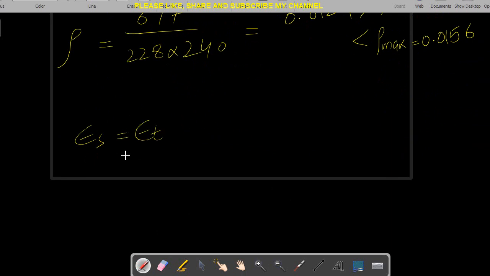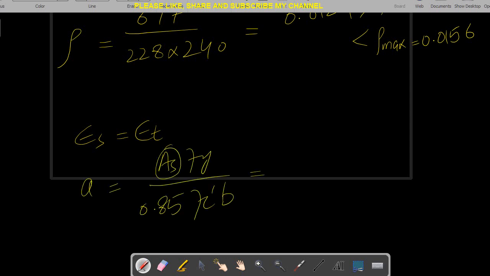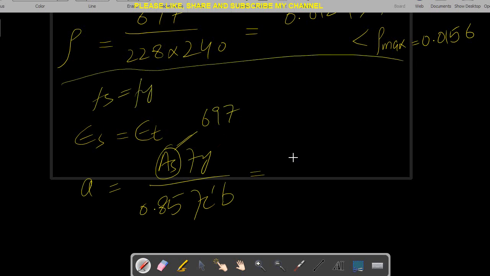And if we calculate the A value, this time I will use the exact amount of steel, 697, right? And we are assuming that Fs equals Fy. So let me calculate the A value. I got the value of A, that is 62.547 millimeter.